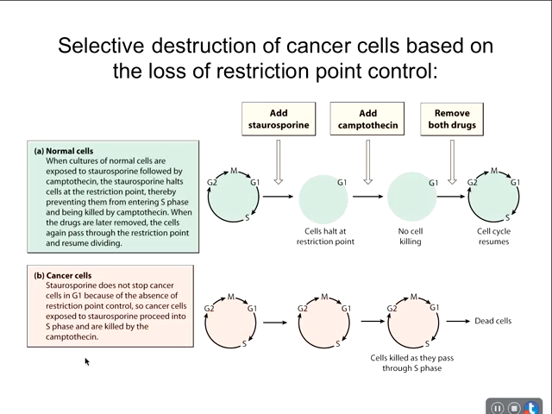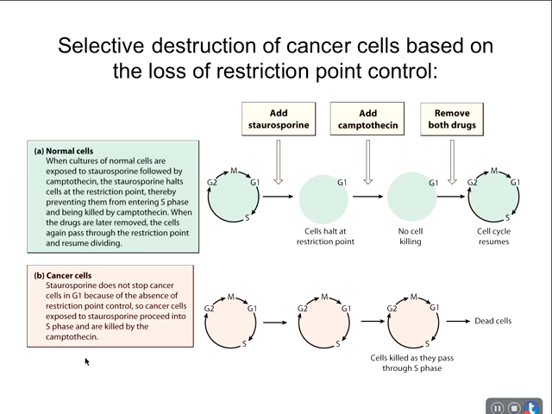Camptothecin kills any cell that's undergoing DNA synthesis. It destroys cells that are undergoing DNA synthesis.